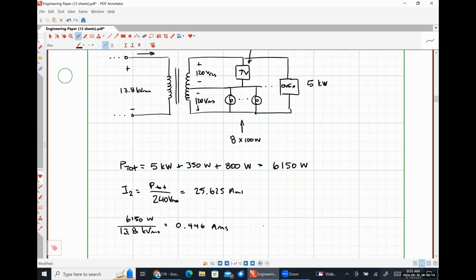So 240 divided by 13,800 is 2 over 115, right? So if we multiply that 25.625 times 2 over 115, we get literally the exact same number, which we would expect.